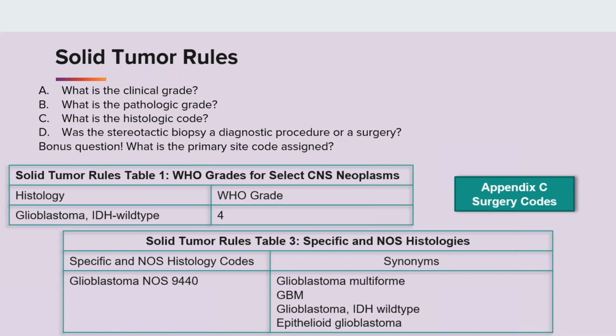So we ask ourselves, is that the same as glioblastoma? Is there a different grade? What is the histology code? So we would go to Table 1 and Table 3 in the Solid Tumor Rules, and we have it here. Was the stereotactic biopsy a diagnostic procedure or surgery? This would be found in the Appendix C surgery codes of the STORE manual. And then we have a bonus question. What is the primary site code assigned?